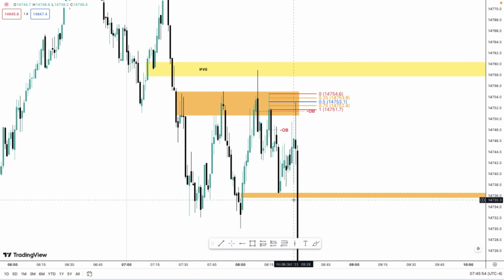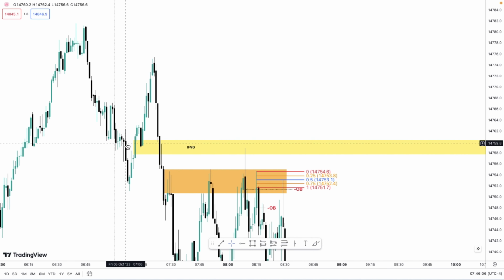NFP is at 8:30. So if I want to trade the NFP, I'd be looking at starting from 7 a.m. At 7 a.m. you see price consolidating and then creating a swing high there. Buy side liquidity there. Takes out buy side liquidity.